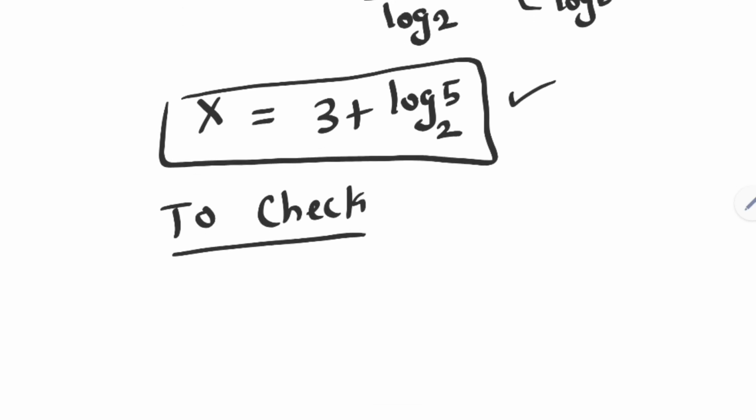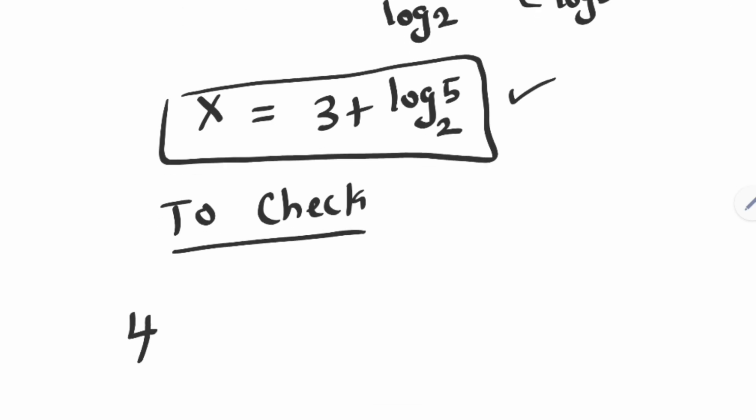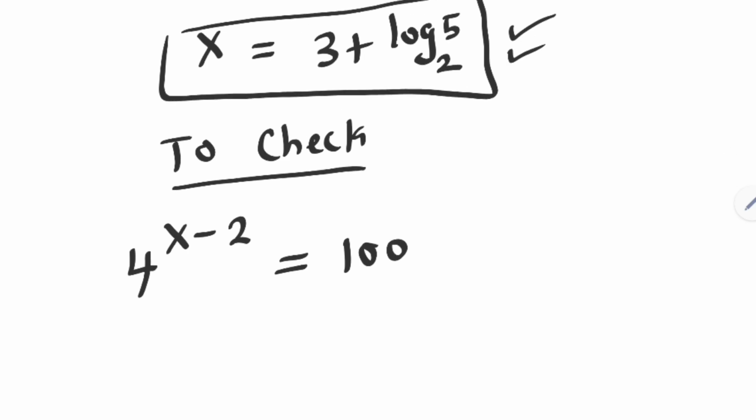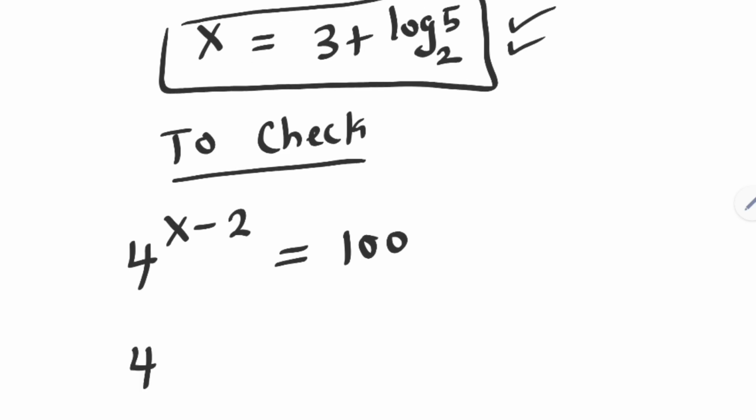To check, we have the given equation 4 raised to power s minus 2 is equal to 100. Now, if s is 3 plus log 5 base 2, this is 4 raised to power 3 plus log 5 base 2 minus 2.